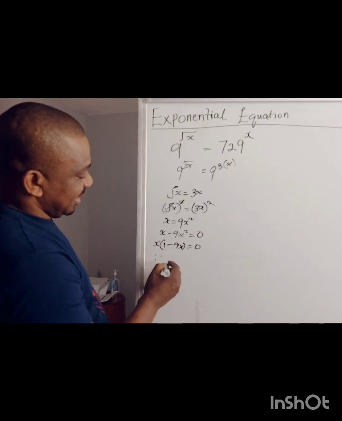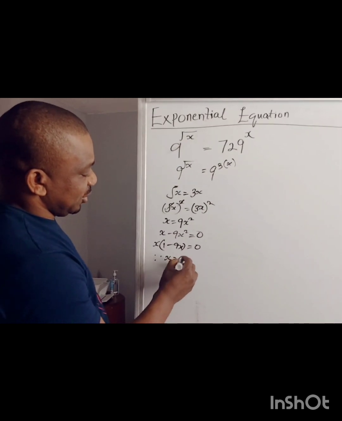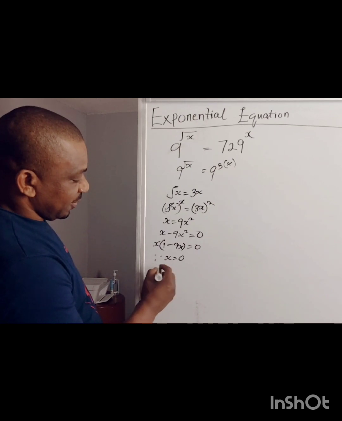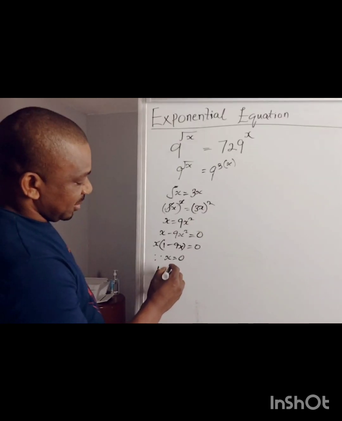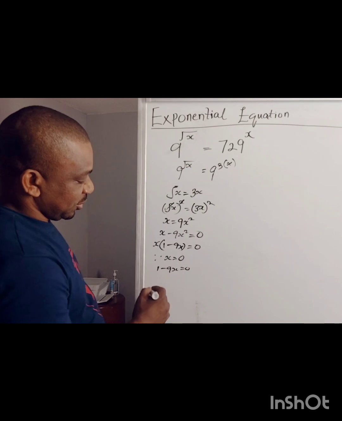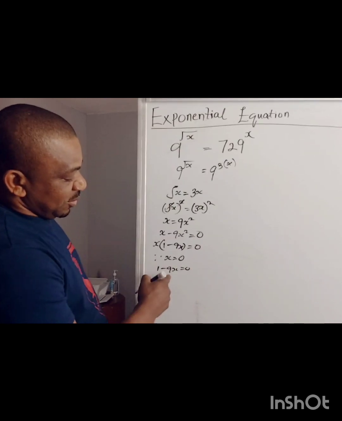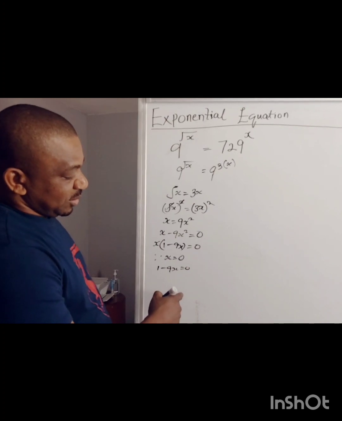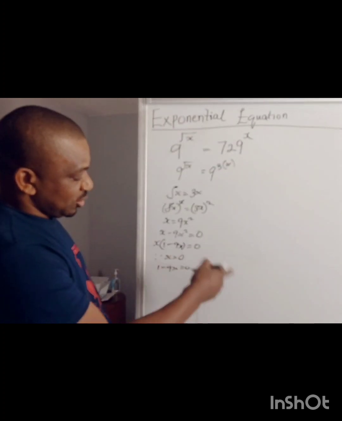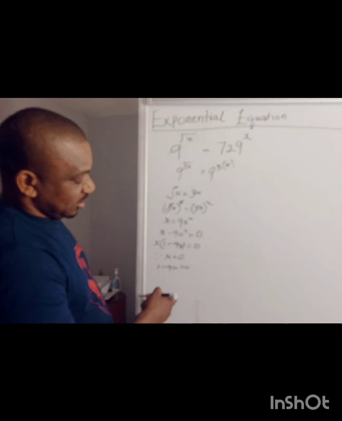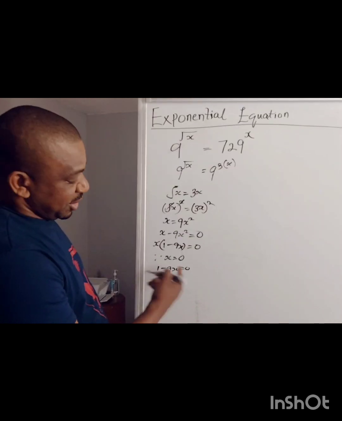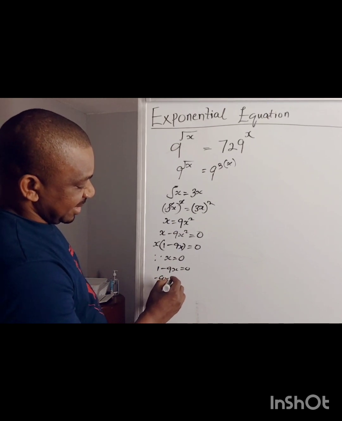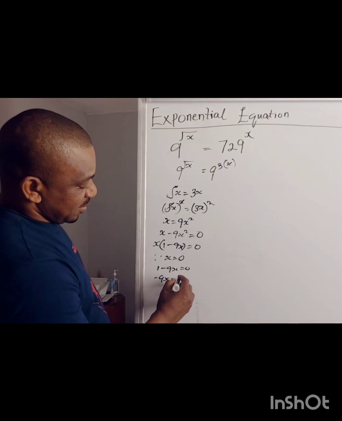Therefore, I can say x is equals to 0. And to solve further, we have 1 minus 9x is equals to 0. To isolate x, let's move 1 to the right hand side of the equation, or 1 jumping the equality sign. That will become minus 9x equals to minus 1.